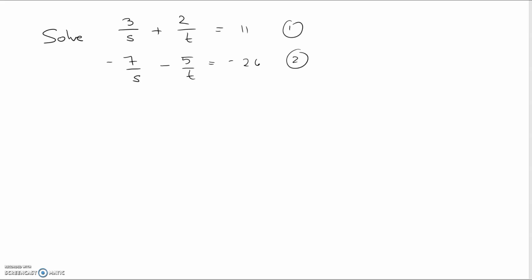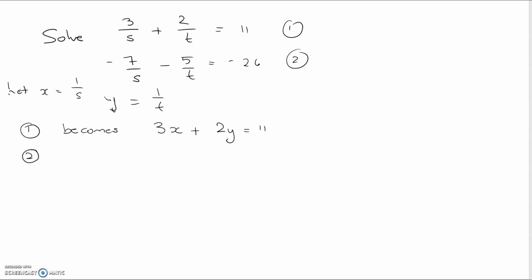And if you take it like that, it actually looks quite difficult, but you're given a hint. You're given the hint that says let x equal 1 over s and y equal 1 over t. Now if you make those substitutions and you just remember a little bit about fractions, then equation 1 becomes 3 times 1 over s, which is 3x, plus 2 times 1 over t, which becomes 2y, equals 11.